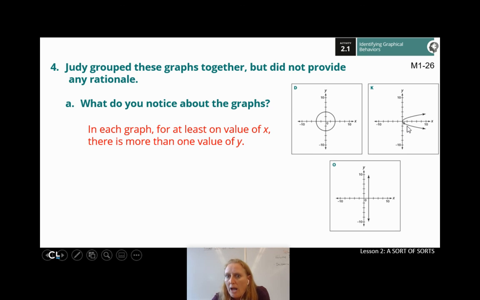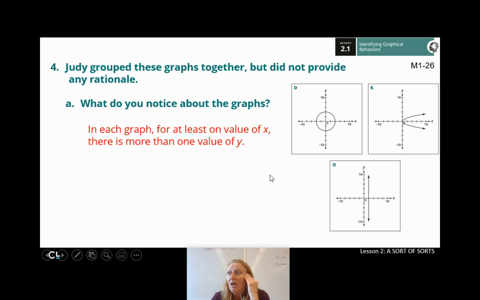I have more than one Y value at X equals 2. And look at this one, X equals 2. Oh my gosh, I have like infinite Y values. Anywhere up above, anywhere below, so many. So I noticed that in each graph, somewhere there's an X value that has more than one value of Y.